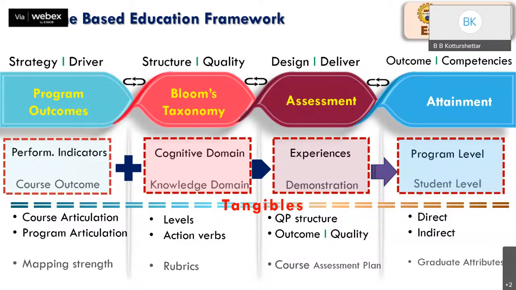Then once the expectations are known, how can we assess the student for having acquired these competencies? Bloom's taxonomy helps in doing that. Bloom's taxonomy helps us to structure the assessment and also maintain the quality.